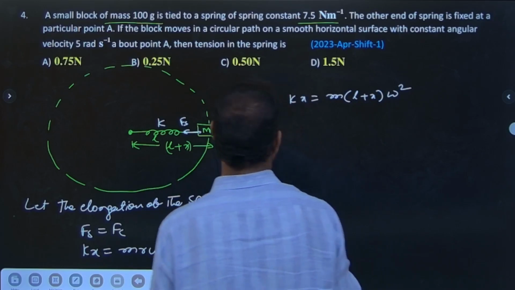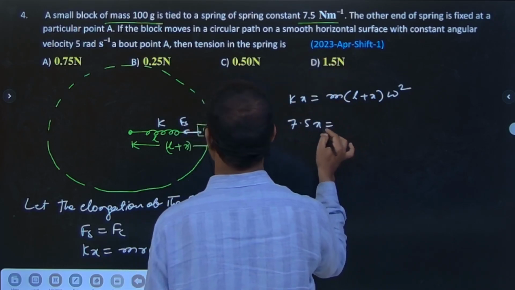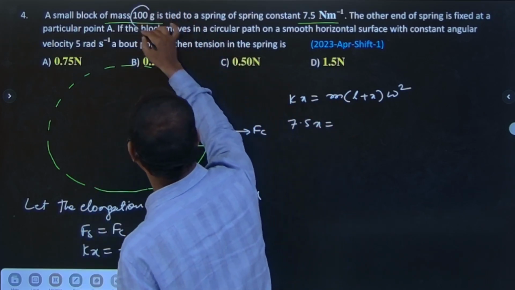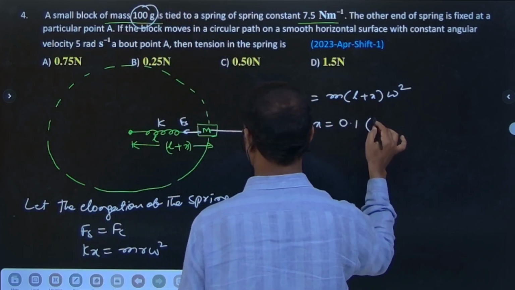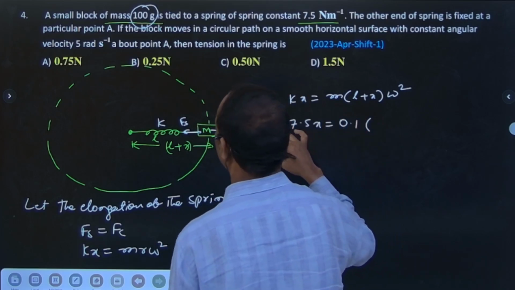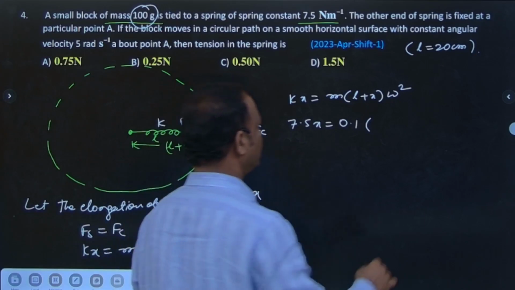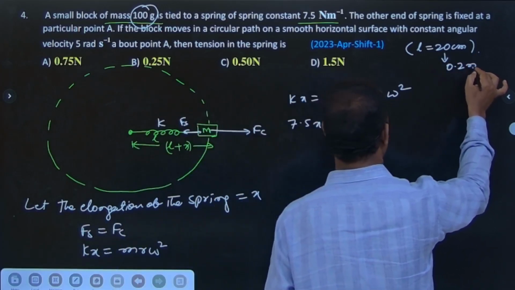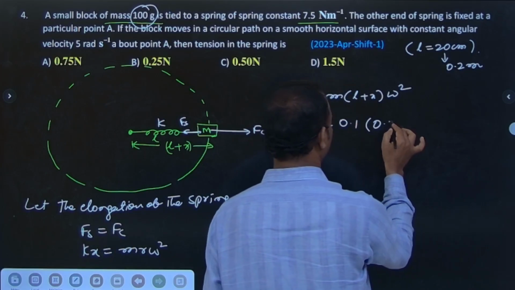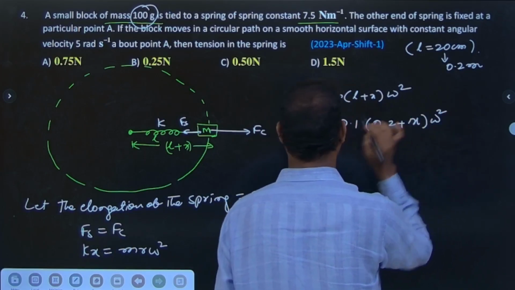Then the values of k as given is 7.5, mass is 100 gram, which means 0.1 kg, and the length is 20 centimeter, which means 0.2 meter. This is 0.2 plus x into ω².